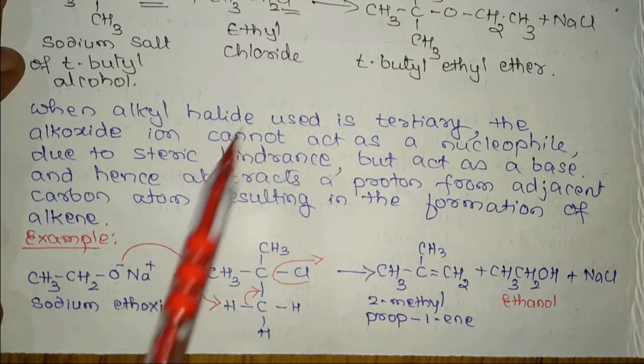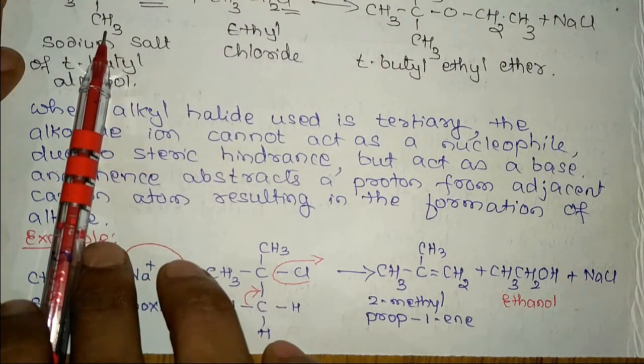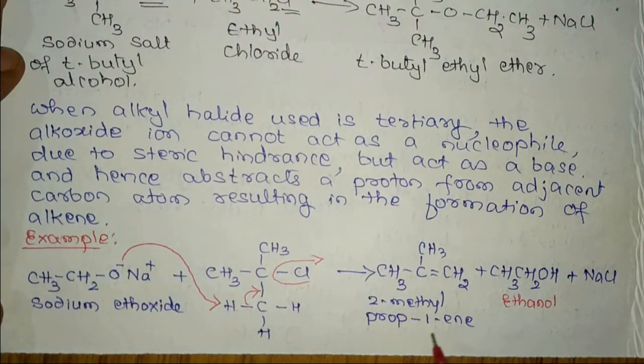If the alkyl halide and the sodium salt of the alcohol are interchanged, you will never get an ether, but instead you are going to get an alkene.